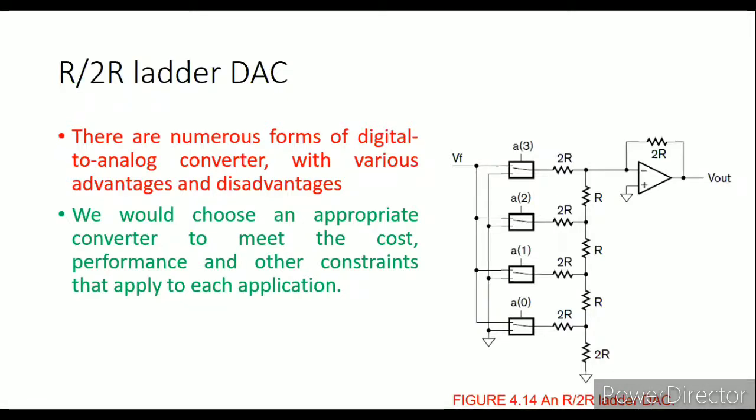So this is the most important concept we have. Which DAC has to be selected? It depends upon the user requirement. The user has to decide which parameters he prefers for a particular application.